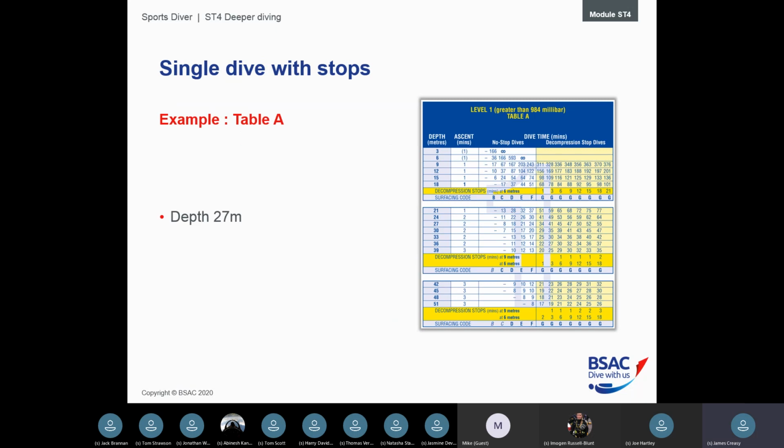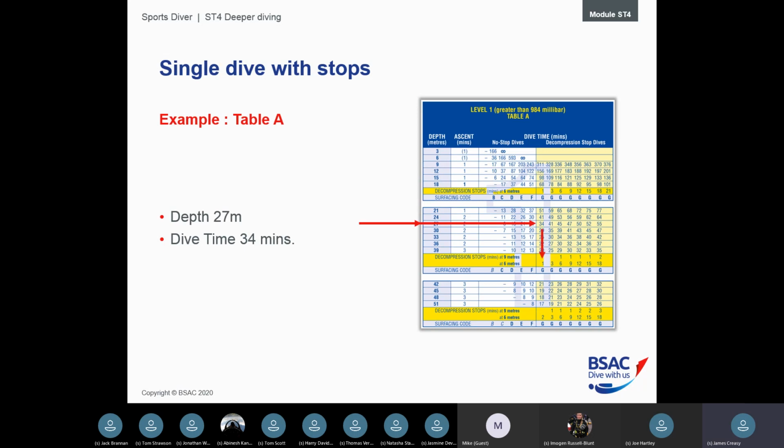So an example here, table A. So going in on a surfacing code of A, or tissue code of A, to a depth of 27 meters, we use this row, not column. And we're having a dive time of 34 minutes, which we can see is there.